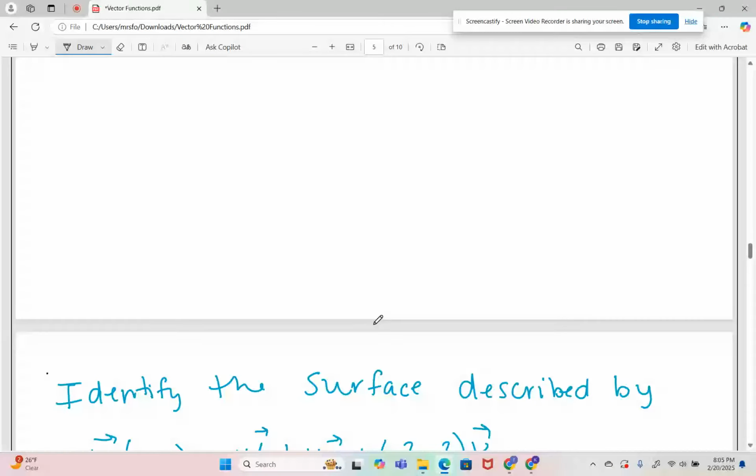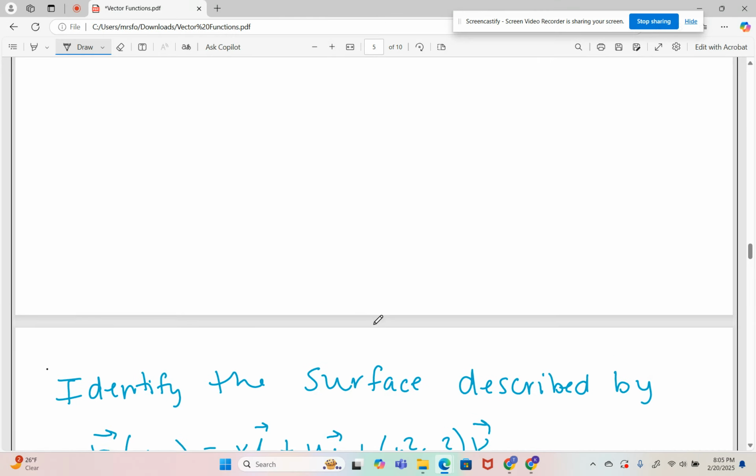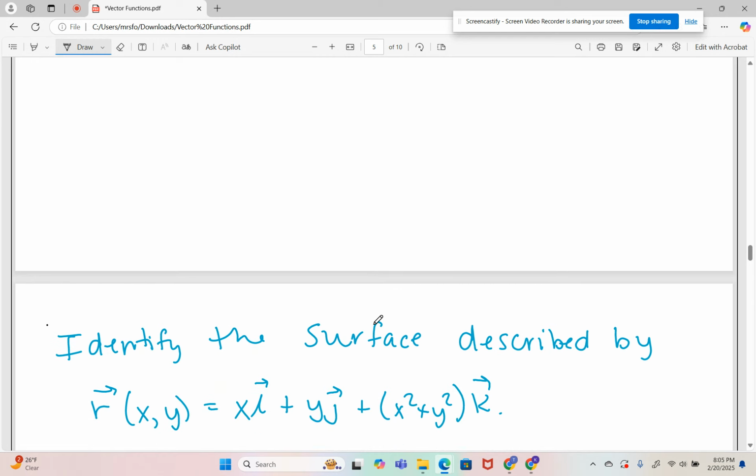So then I think this is the last thing we did, maybe not, but identify the surface described by this. So r of x, y, so this is in two variables. If you remember, we had said before that when you have x, y, that is your z. So just keep that in mind.